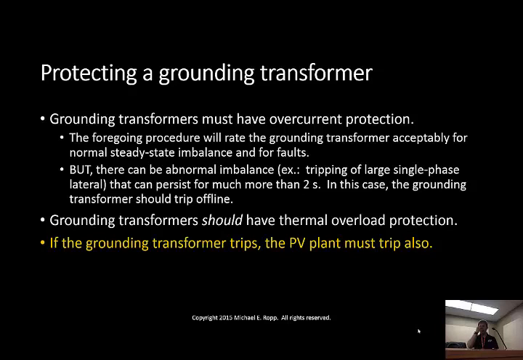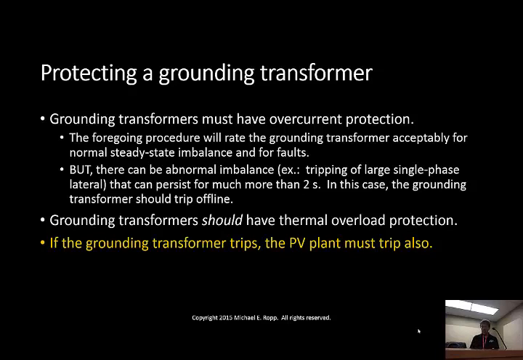And I mentioned before, we've been recommending you might want to set the fault current rating higher than 2 seconds. You might want to go for like 10 seconds. Or you might want to go for a higher percentage imbalance. Don't use 5, which is our standard. If you can afford it, if it doesn't jack the cost of the grounding transformer up too far, you might want to go with something more like 10.